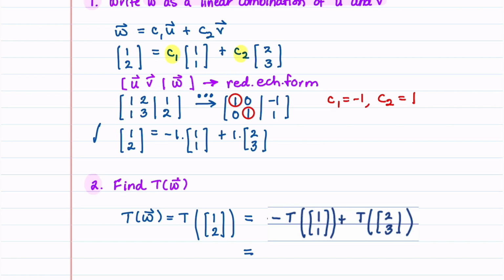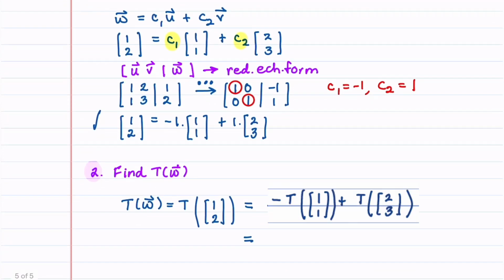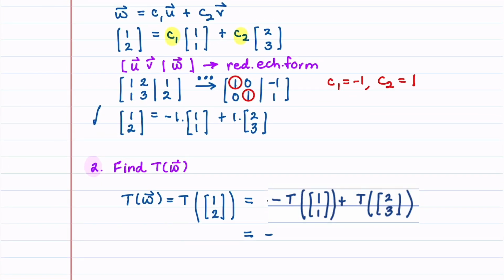We have to look back up above to see what these transformations are equal to. The transformation of (1, 1) is (1, -2), and the transformation of (2, 3) is (-2, 5). Let's go ahead and plug those in. This gives us a minus the vector (1, -2) plus the vector (-2, 5), and this is equal to the vector (-3, 7).